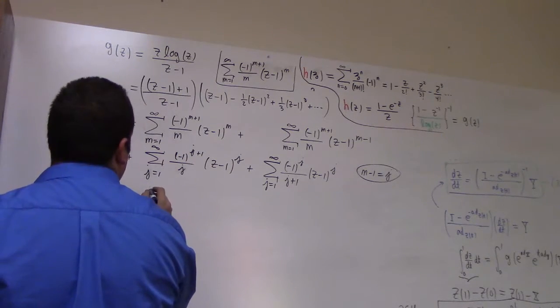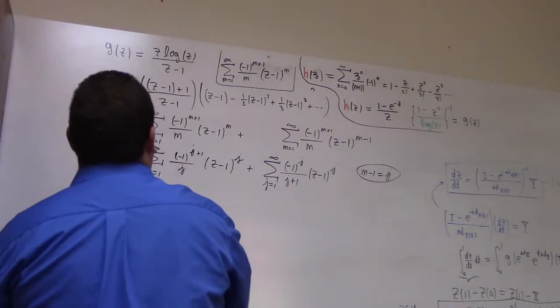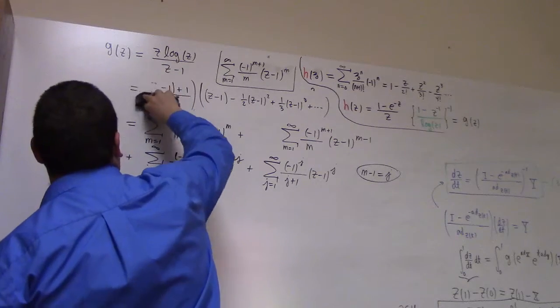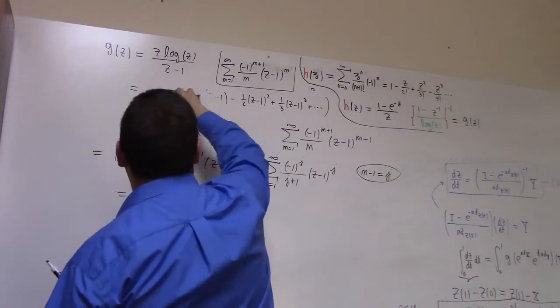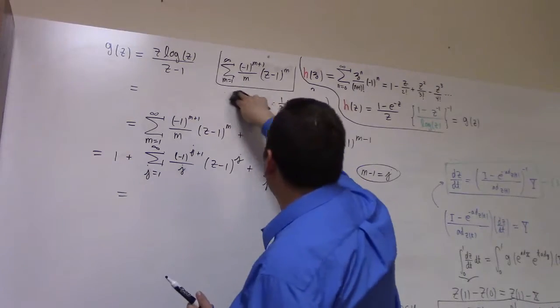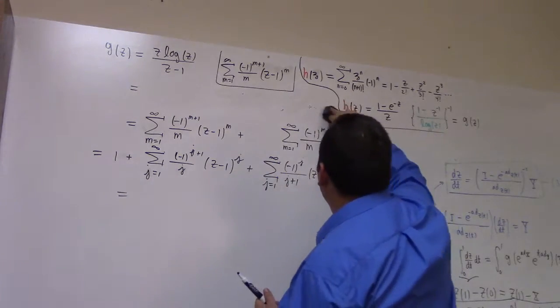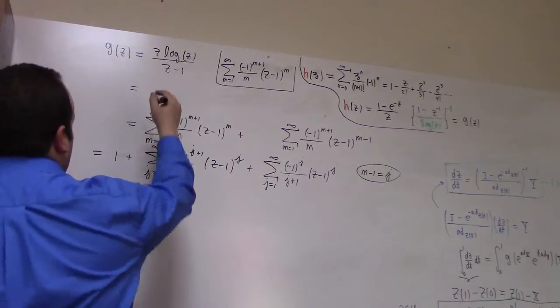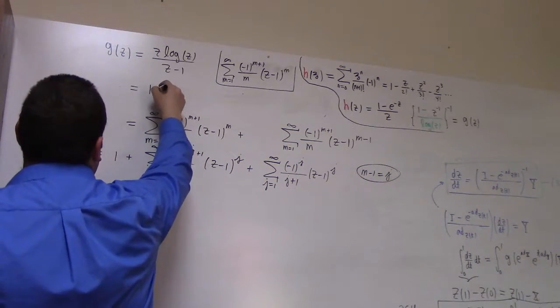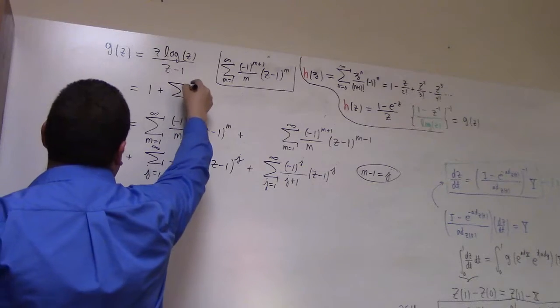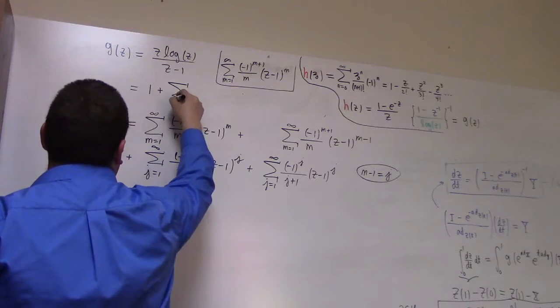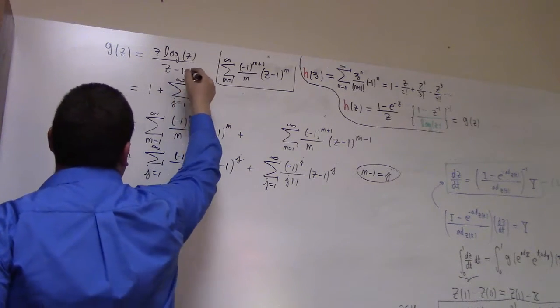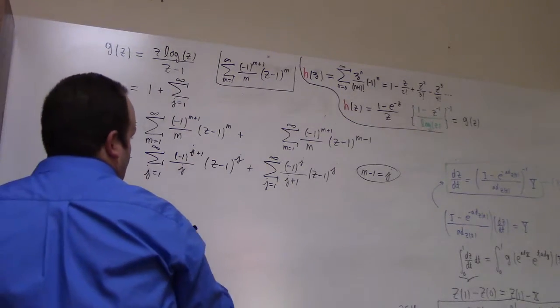Okay, so there we go. Since we don't care about all this junk up here, I'm going to write it up here so we can keep working. All right. So what I just found is 1 plus the sum, j equals 1 to infinity, and we have what?